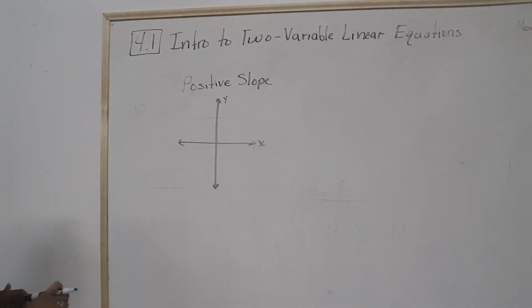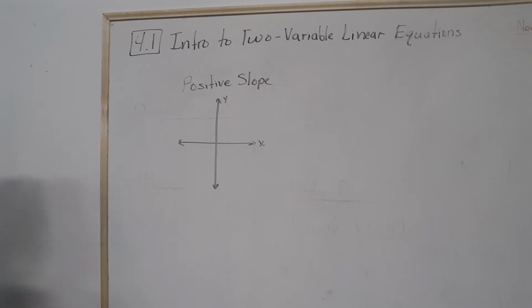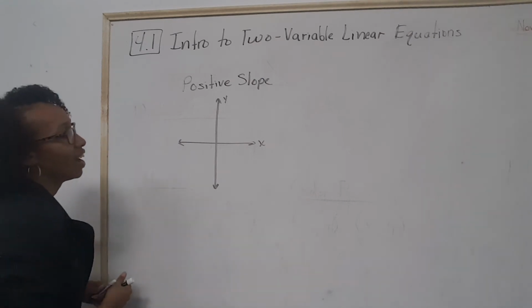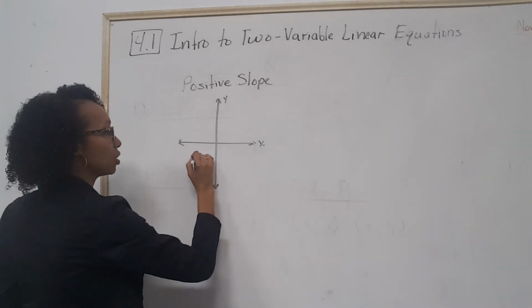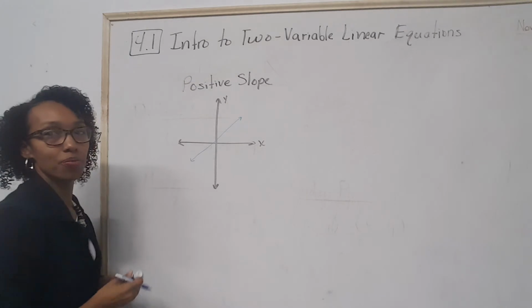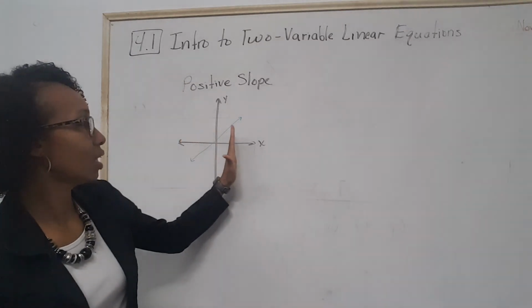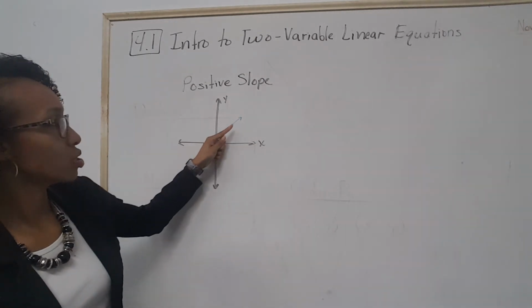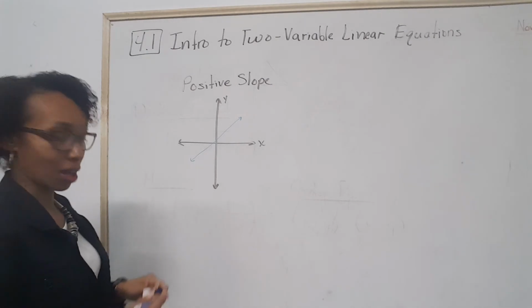If we have a linear equation that when we graph it, it goes increasing from left to right, okay? So as you start from here and work over, we see the trend is going up. This is considered to be a positive slope, okay?